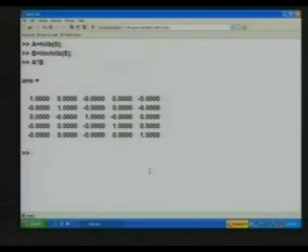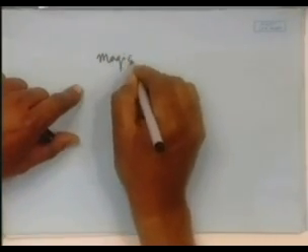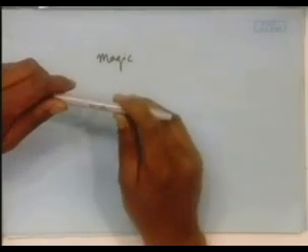So now the next matrix is magic. The magic matrix is very easy. It is the magic square matrix, which generates a magic square. What is a magic square? A magic square is a square matrix.